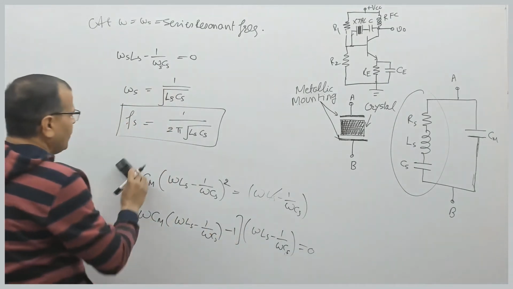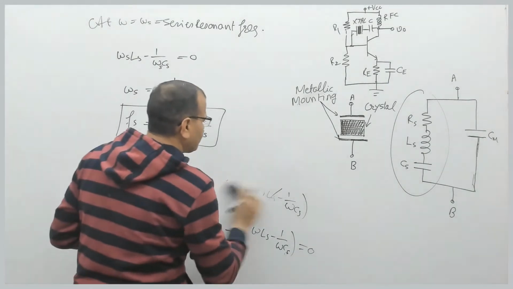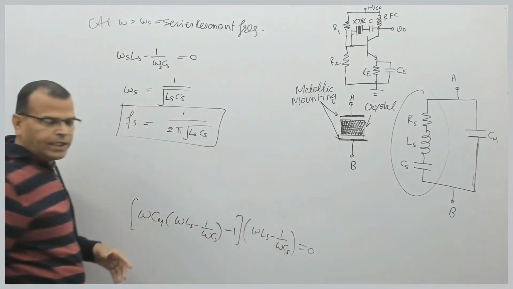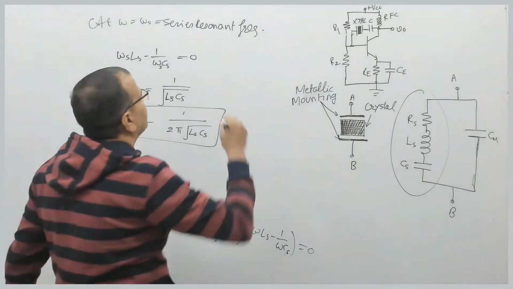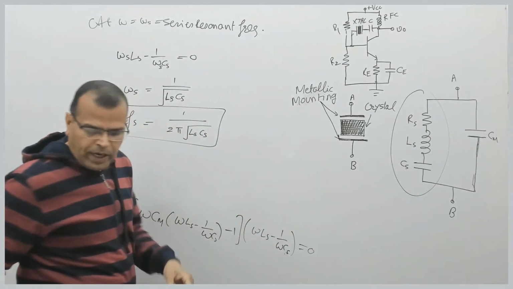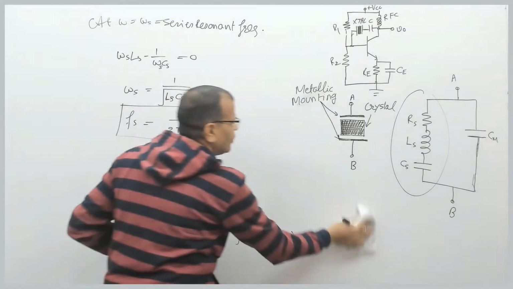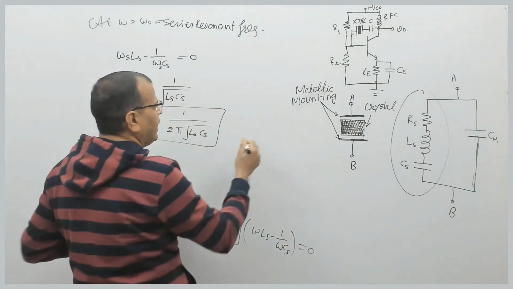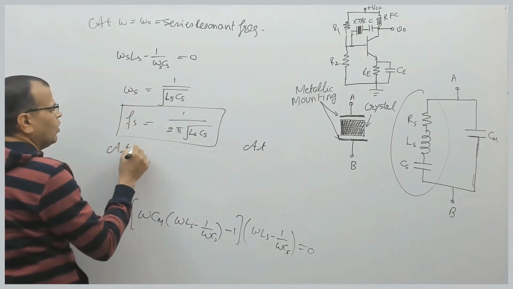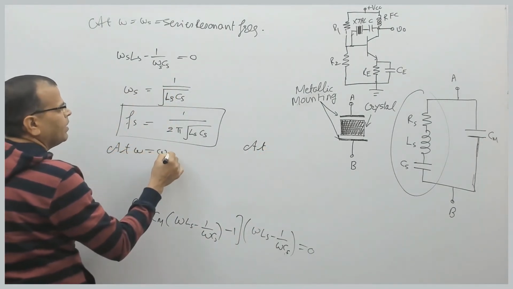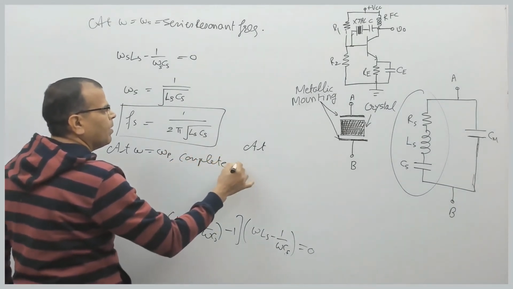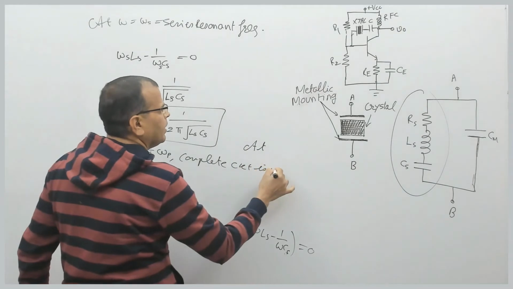Similarly, we have a second frequency, the frequency at which the whole circuit is in resonance. So at omega equal to omega p, your complete circuit is in resonance.